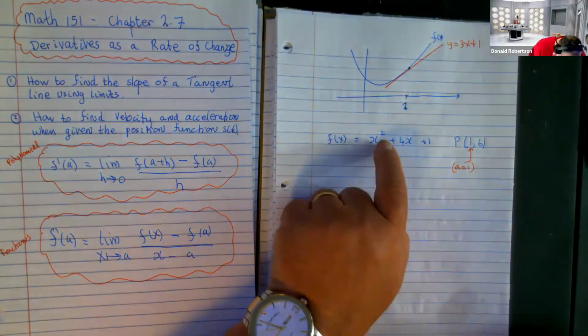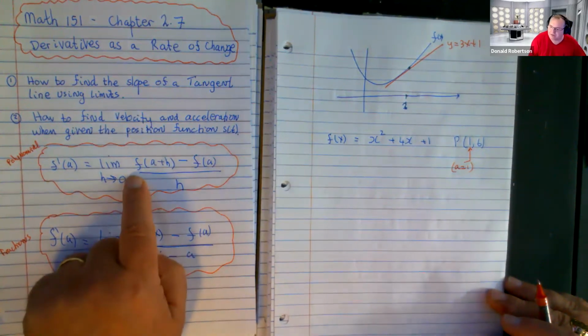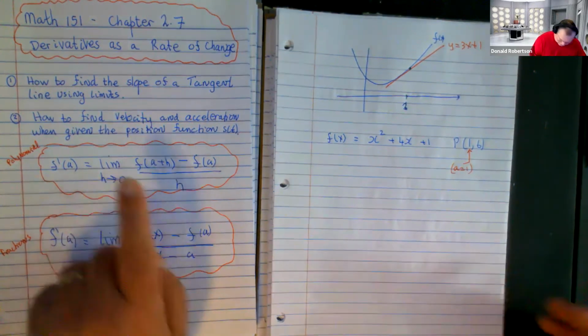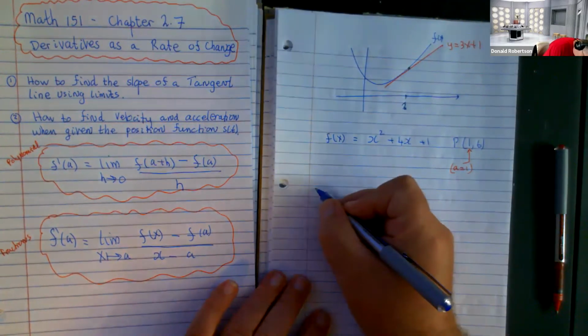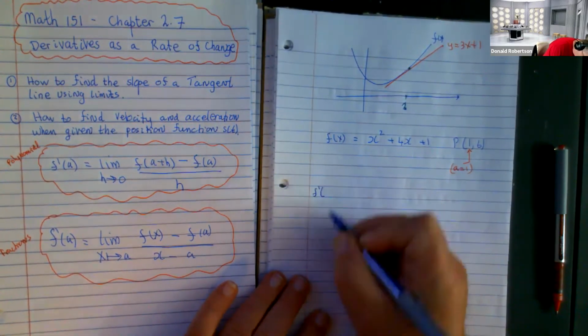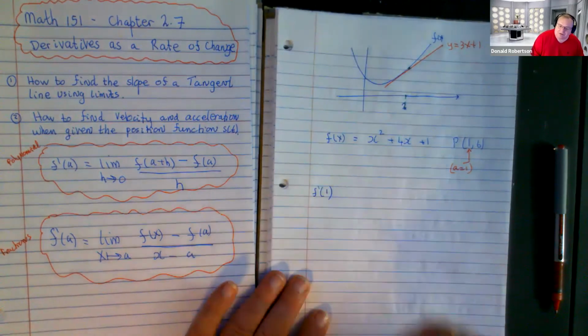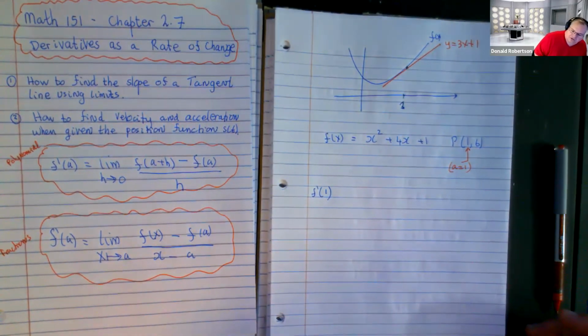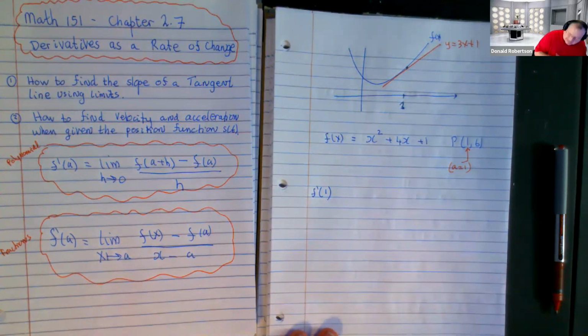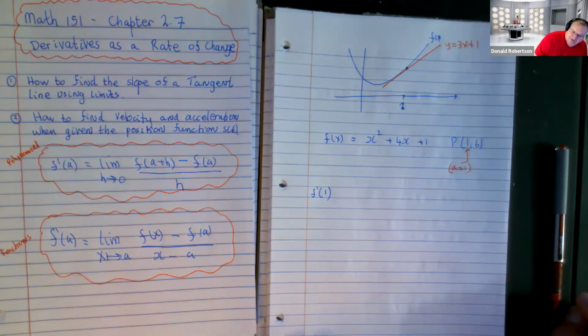So based on what I've just said, won't we use this method here then? This limit. So the derivative at 1. Instead of saying the slope of the tangent line to the function f of x at x equals 1, can I now say the derivative at 1?